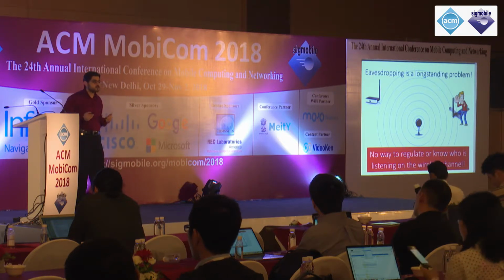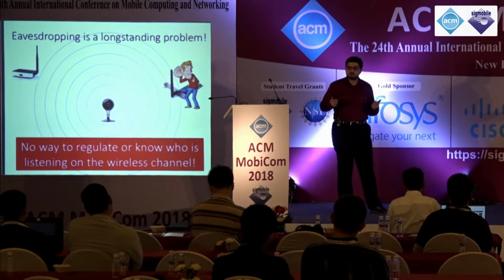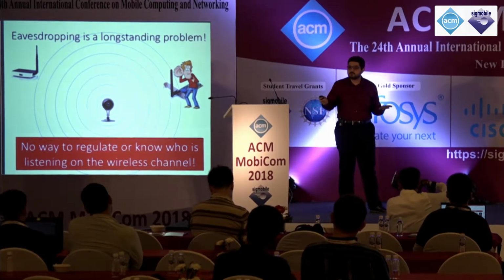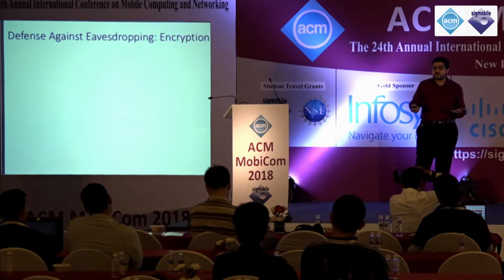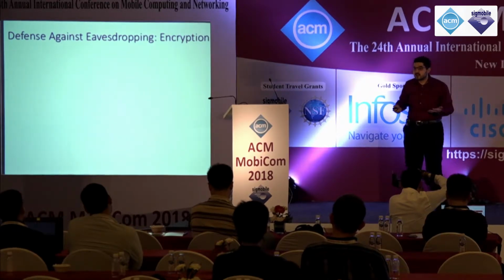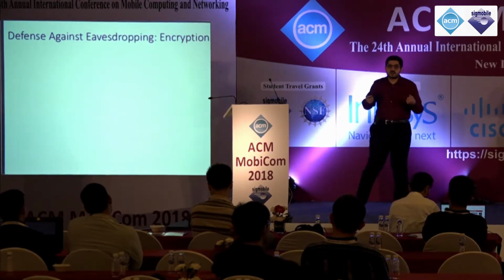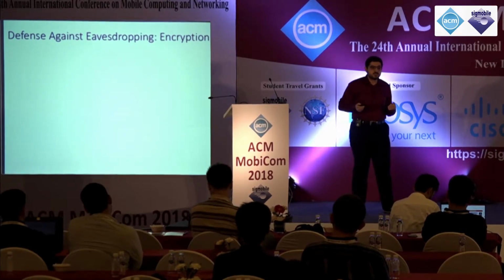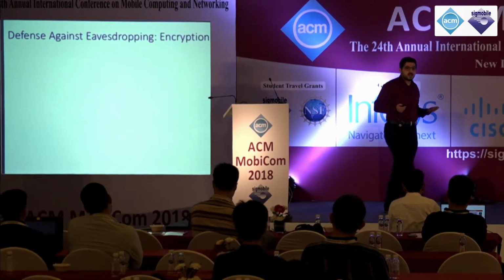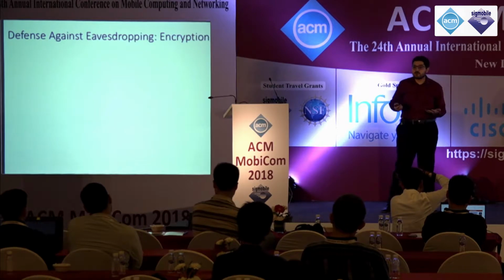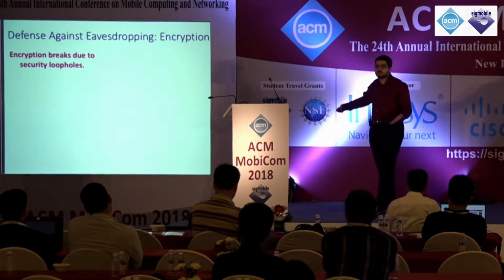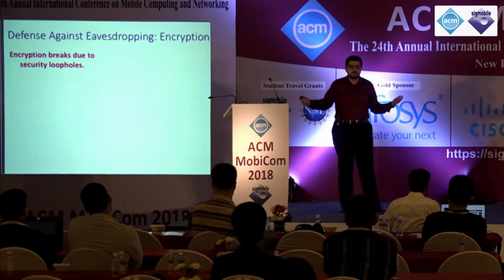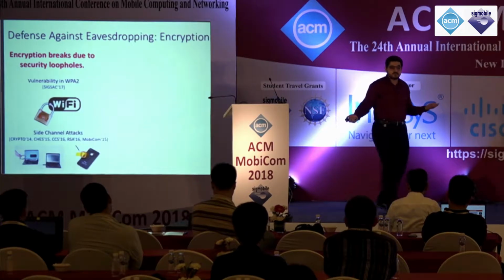So what's the approach to deal with eavesdropping today? It's encryption. You encrypt your data to prevent someone from decoding it. However, the problem is encryption is not a foolproof solution. We've seen time after time encryption protocols being broken because of security loopholes. Just last year, WPA2, which we all thought was very secure, got broken.